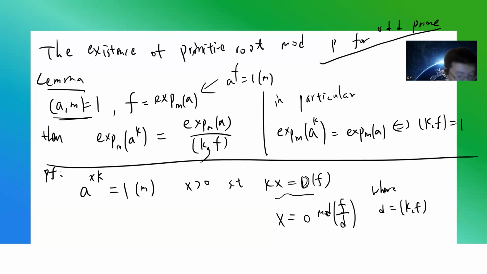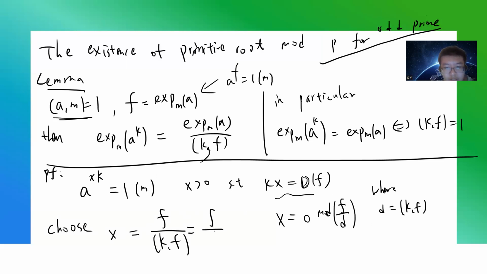In this case, d is gcd(k, f), and you can easily choose x to be f divided by d.